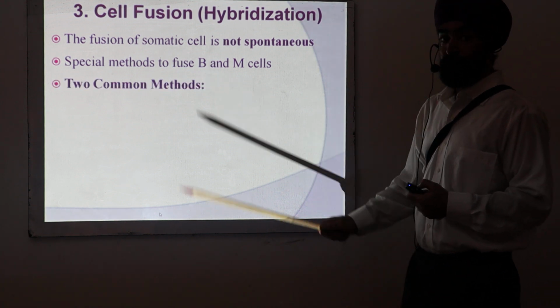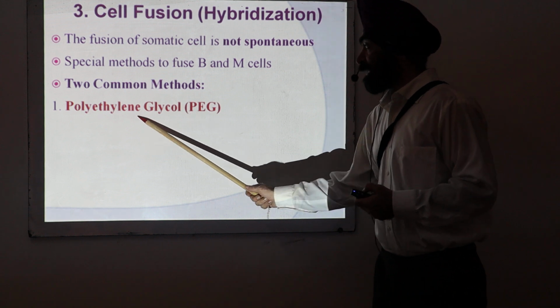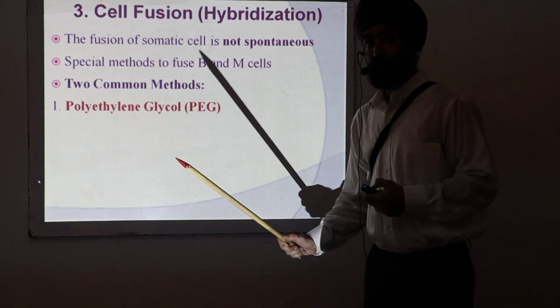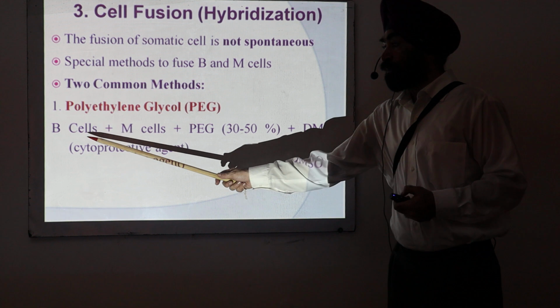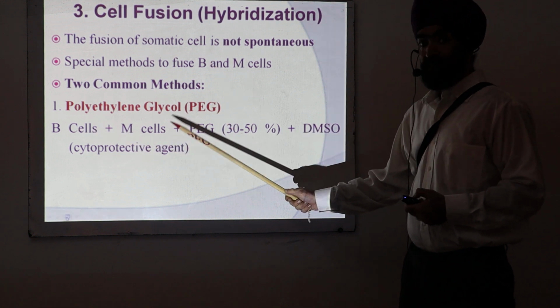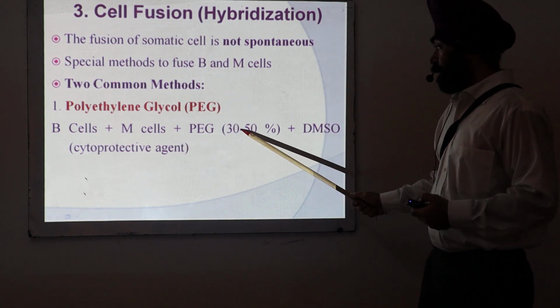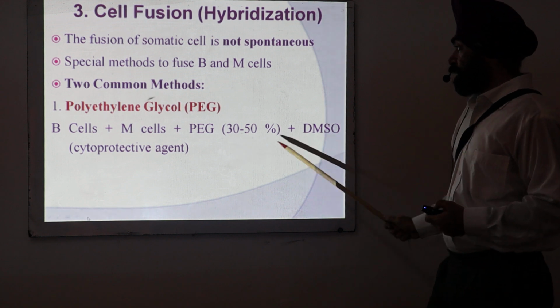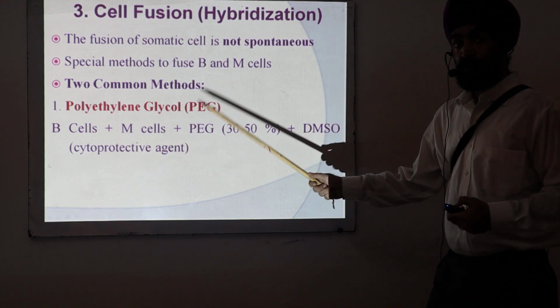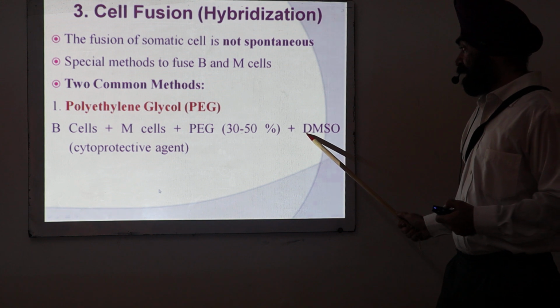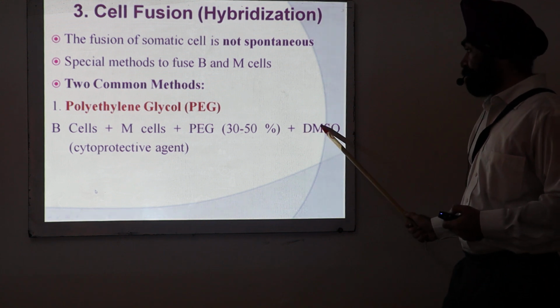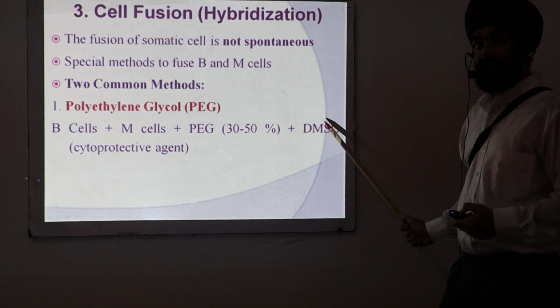So what are the two common methods? Number one, we use the chemical polyethylene glycol. You take B cells, M cells, and polyethylene glycol, which will allow the fusion of these two. Plus you add another chemical, a solvent, DMSO, dimethyl sulfoxide.